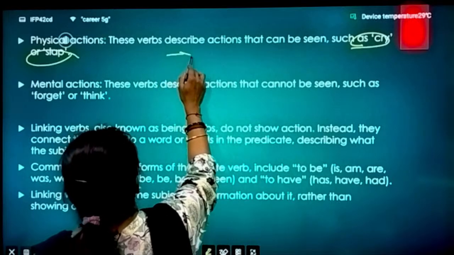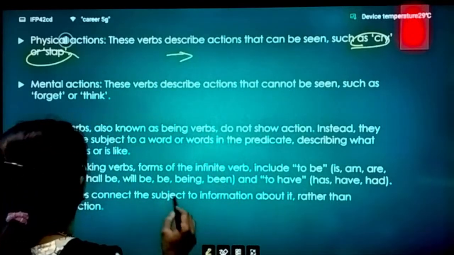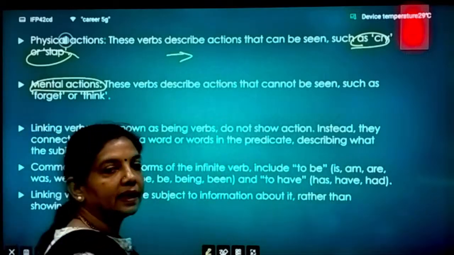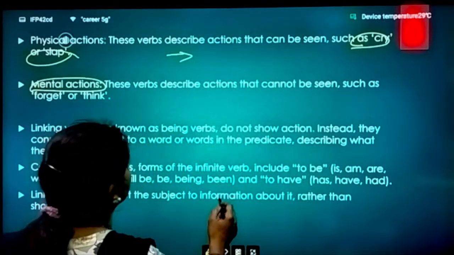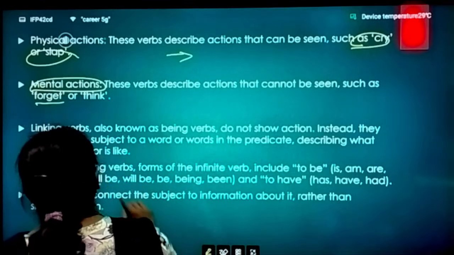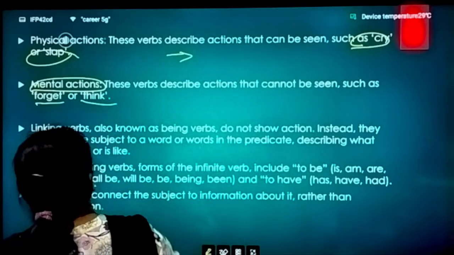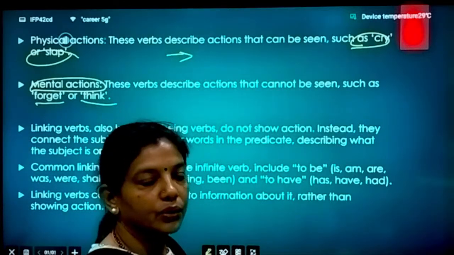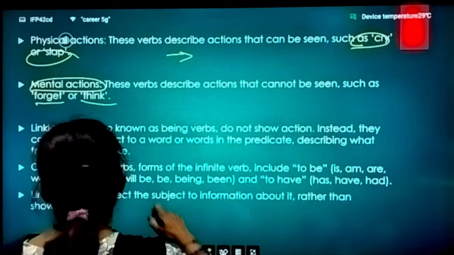These are the actions that describe physical action. And the mental actions are actions that cannot be seen, such as we forgot, or I'm thinking. So these are all the mental actions that we are going to do.